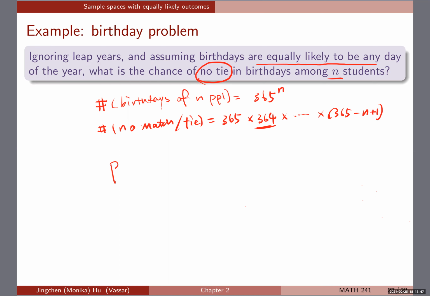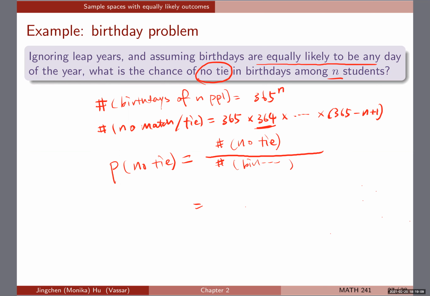So the probability of no match, or no tie. Now we know, because it's equally likely outcomes, the top will be the cardinality of no tie, the number of ways to get that. And in the denominator, it's going to be the birthday count we wrote up there.